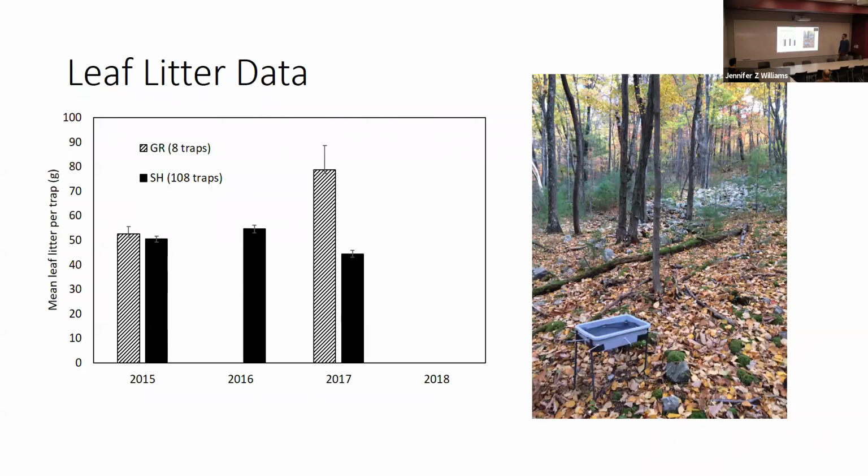But I think that's to be taken with somewhat of a grain of salt at this point, because the intensity at which we're measuring this across the watersheds varies quite a bit. There are, I think, 108 traps out at Shale Hills at 54 sites or something of that sort, and then we only have 4 sites and 8 traps at Garner Run. So I think that variability could be inflated by the way that we're seeing it.